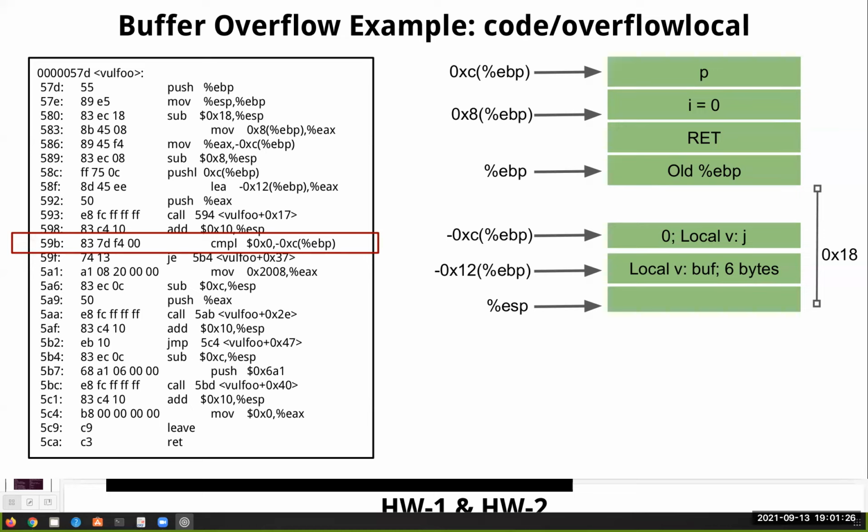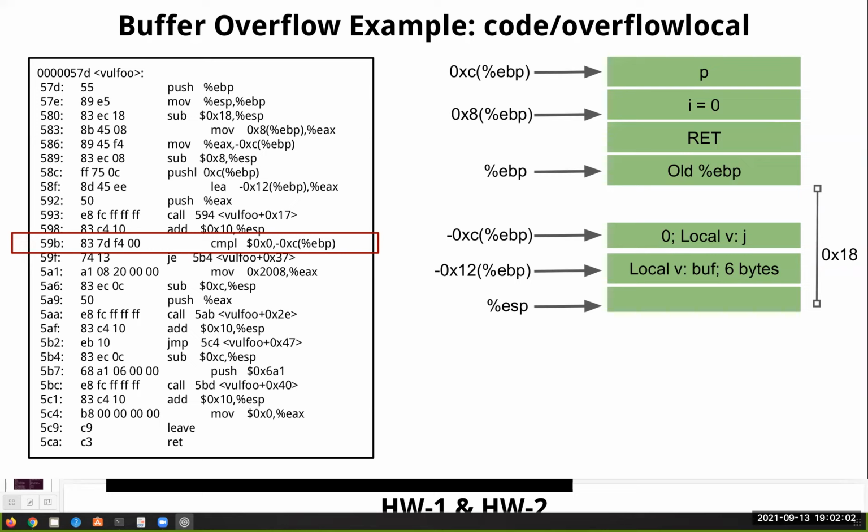Okay. So with standard stack cookies, we put several bytes lower than, say, the EBP. We put some random value here, but that random value is securely stored somewhere else. So when we return, we compare that random value. If it is still intact, the integrity check passes. If it is overwritten, we assume there's an attack.